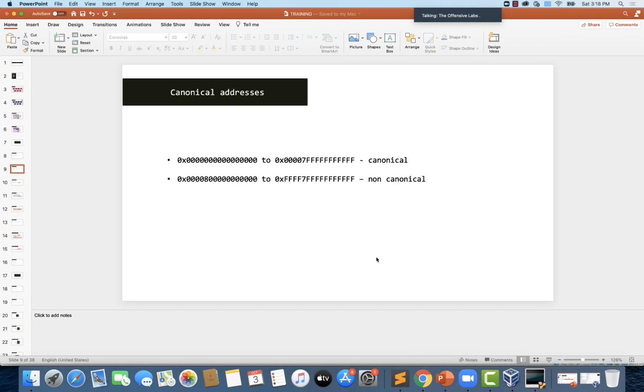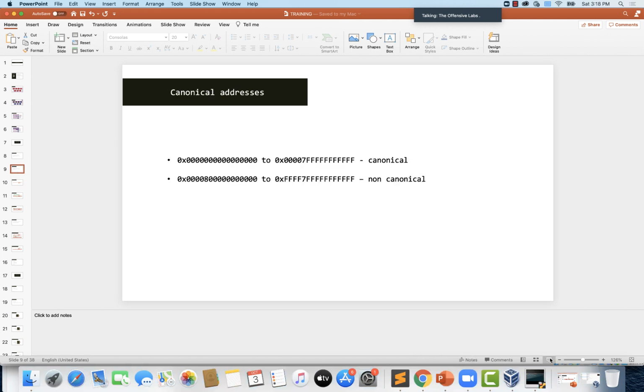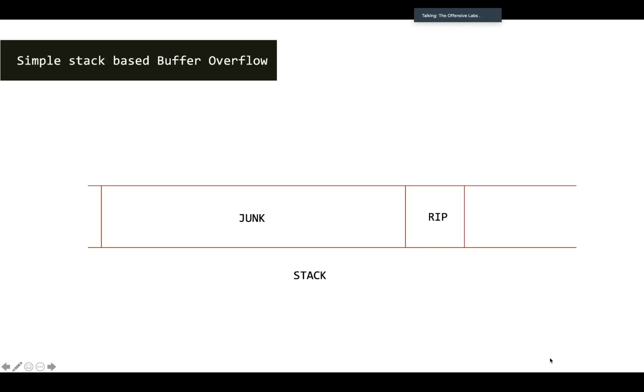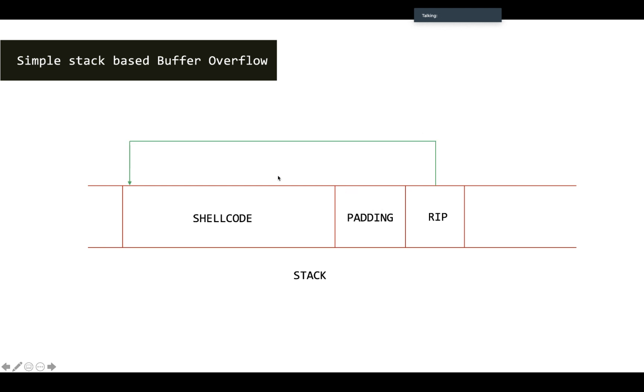Let me just quickly show you some slides. So here we have some junk, and our goal is to overwrite the IP register. I'm just giving a quick recap with a pictorial representation. We kept some padding here, and we placed some shellcode in the beginning, and we overwrote the IP register with some address that points to the shellcode.